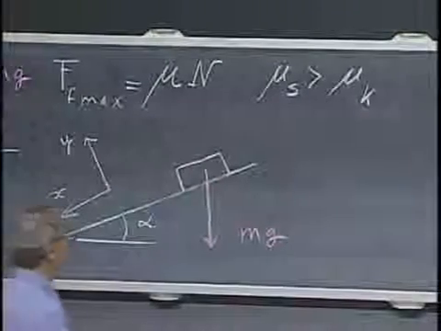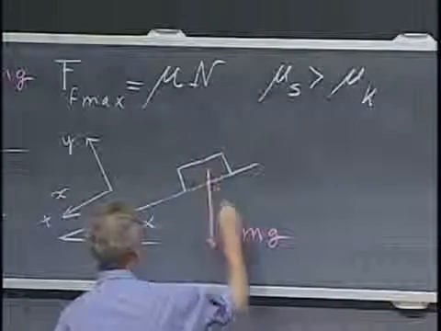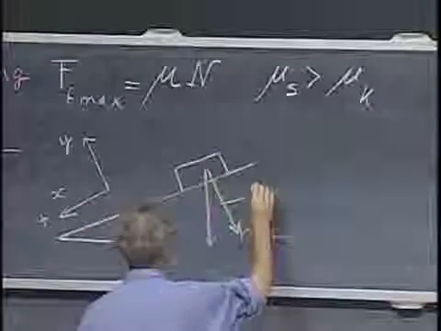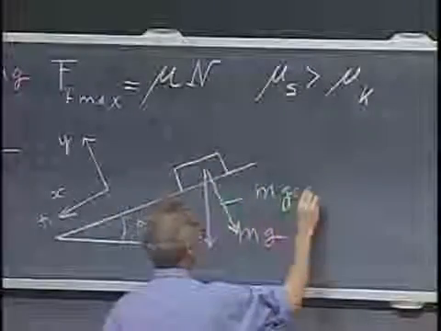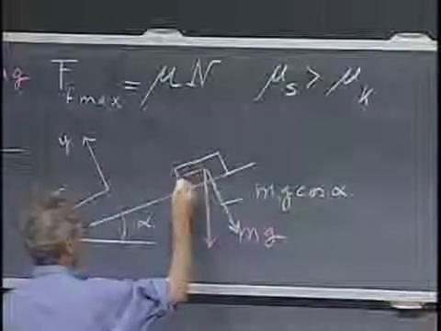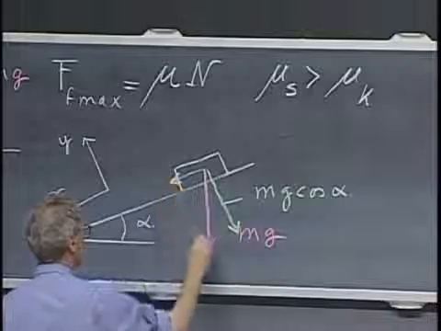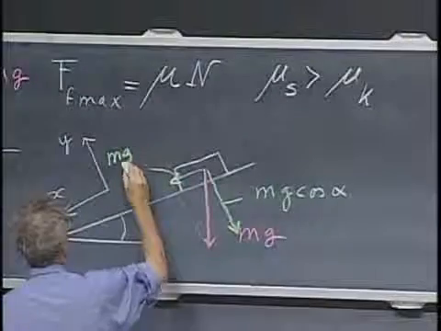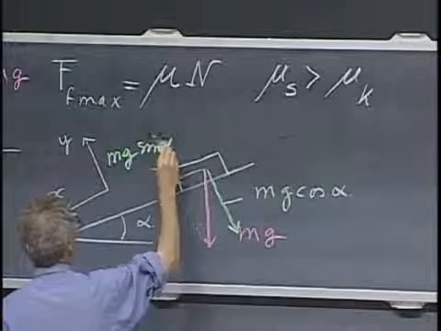I'm going to decompose them. So I have one component here, and this component equals mg times the cosine of alpha. And I have a component in the x direction, which is mg sine alpha.